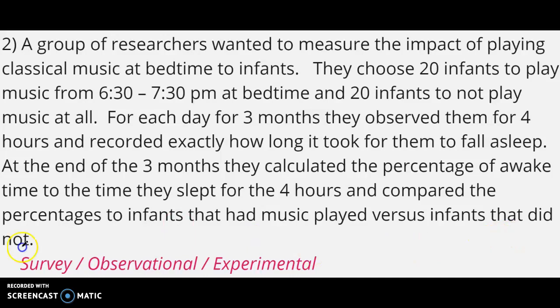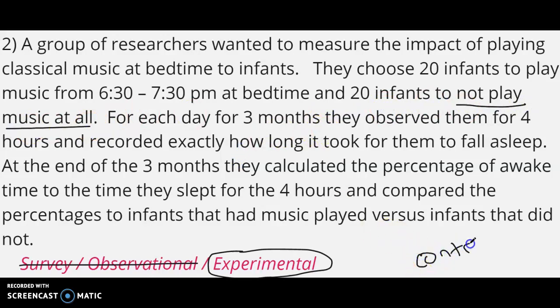This type of study is experimental. It's experimental because there were at least 2 different groups being studied. We had the infants that would listen to music before bedtime and those that did not play music at all. The ones that had nothing done to them, that were not manipulated, are called the control group.